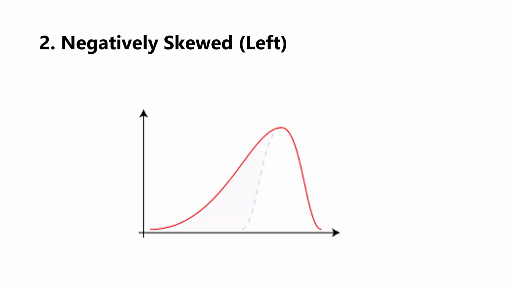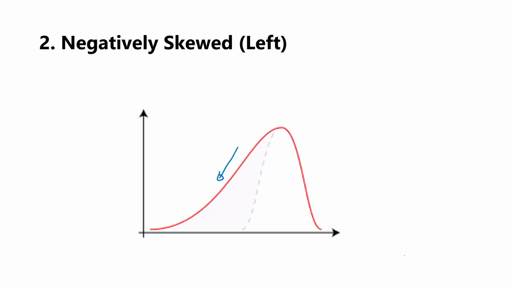Another possible scenario is the negatively skewed or the left skewed distribution. If the tail is on the left side, then we call that left skewed. Here, the mean gets pulled down and the median is higher.